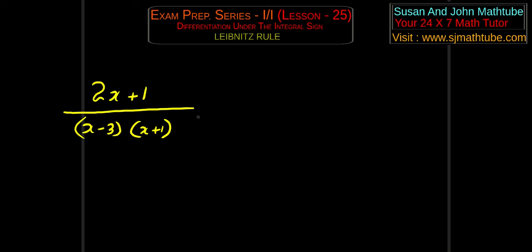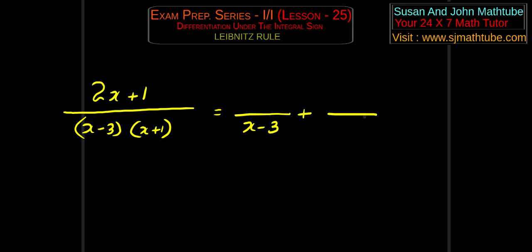In class 12, you might have learned how to solve this with partial fraction. You will assume, let it be a by x minus 3 plus b by x plus 1, and keep on simplifying, etc. You find a and b. But we have one very powerful method, and the method is called method of suppression.